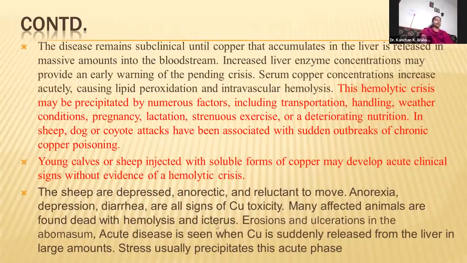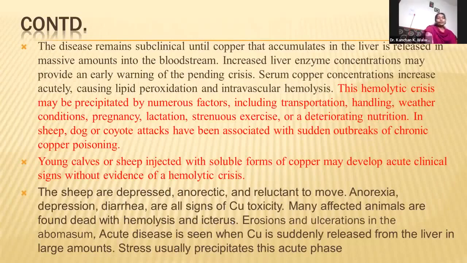You will not know: in the morning the animal was okay, and while grazing, suppose there was some stress, or chasing by dogs or some wild animal in the forest area, these animals will fall down, there will be hemolysis, hemoglobinuria also, and death.